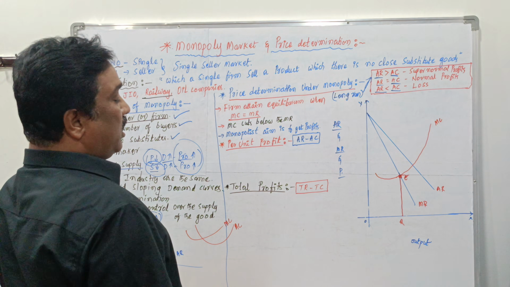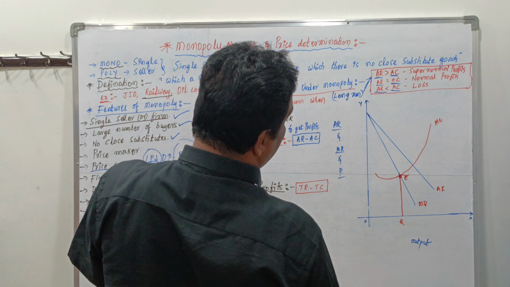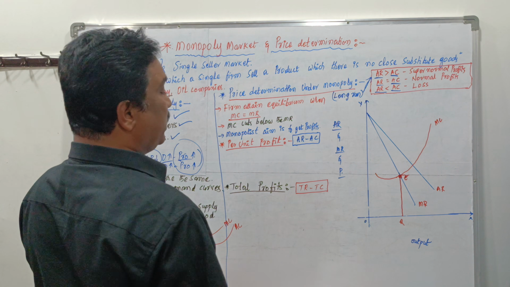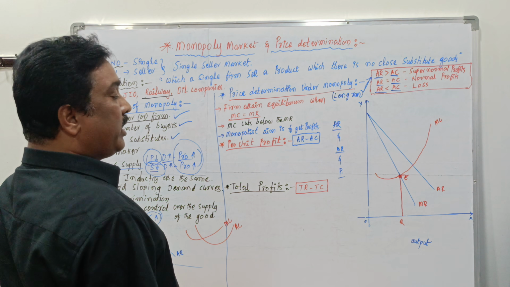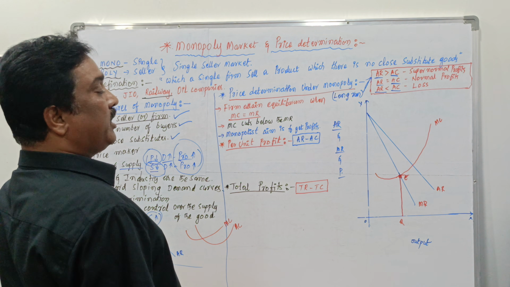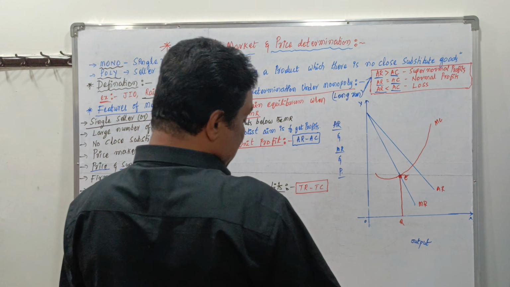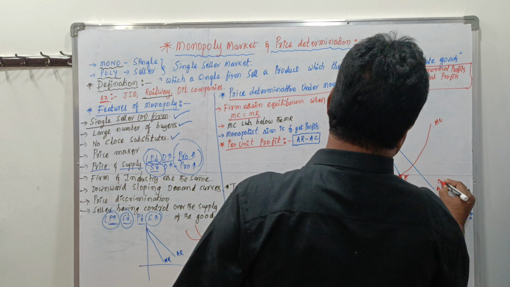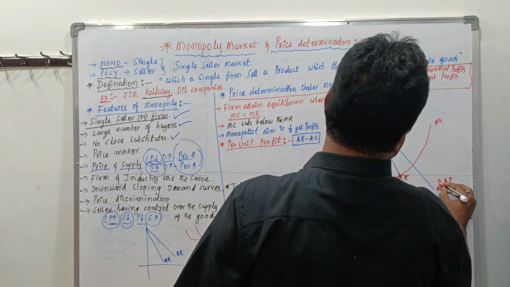Then in the monopoly market, the producer produces OQ quantity of goods in the market. So how much price can we fix? The AR curve is also called the demand curve and price curve.